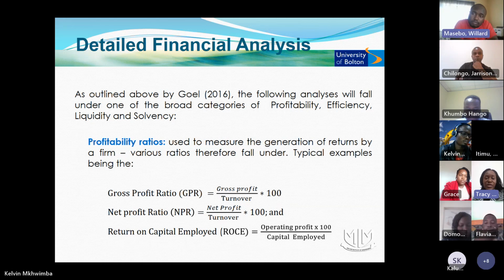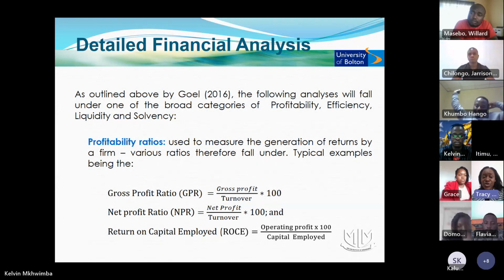So specifically on the gross profit ratio, an analysis was conducted, and the results show that there was a decrease in both companies. The gross profit ratio decreased in both companies.